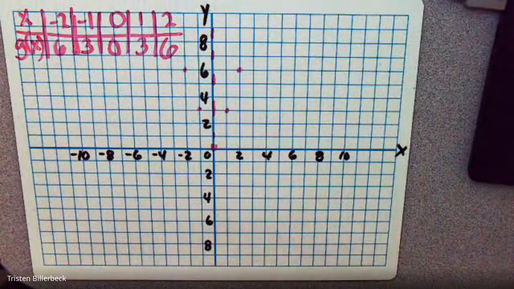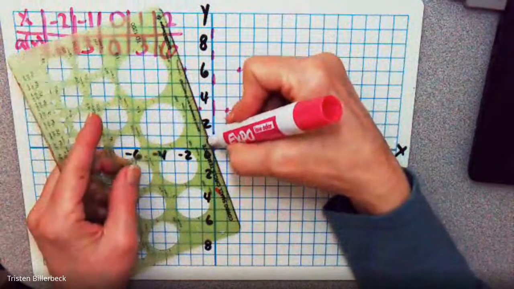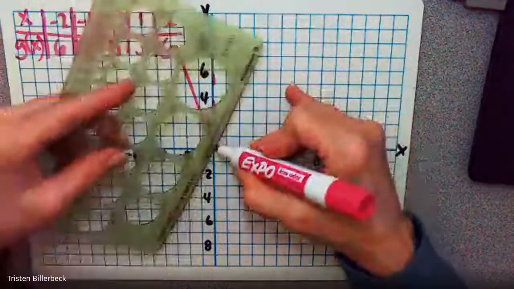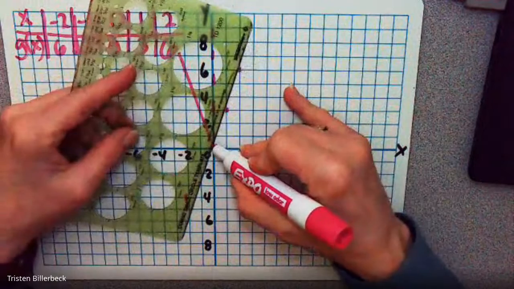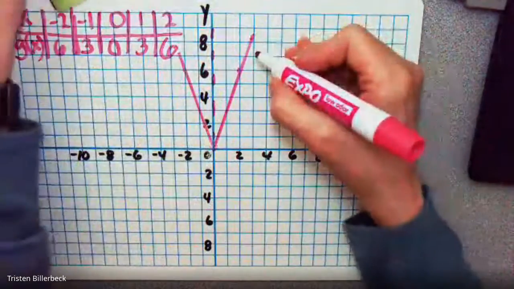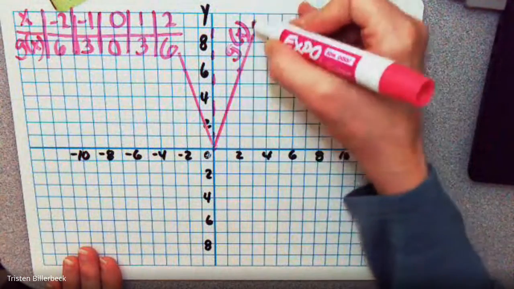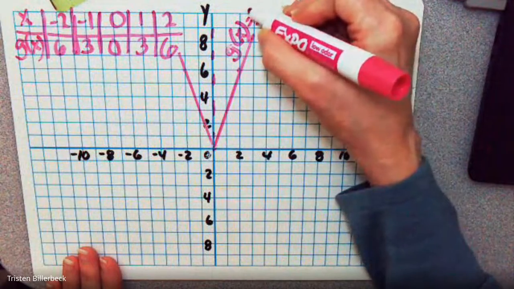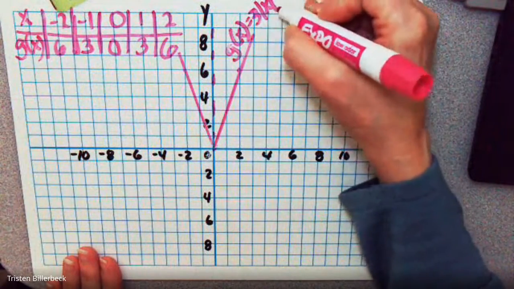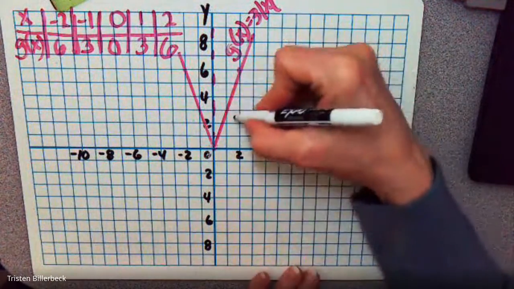Okay, so let's graph g of x, which is 3 times the absolute value of x. And I think we've seen something like this before in our other lessons. So this is g of x equals 3 times the absolute value of x. Okay, so we see this is a vertical stretch.